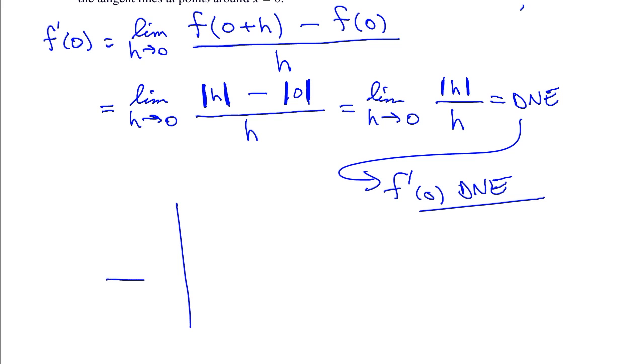So we know that the absolute value of x looks like this, right? Straight lines on both sides. If you look at the slope of the tangent line on this side, they're all positive ones. Even as you get closer and closer to 0, they're all positive ones. On the left side, what are all the slopes?